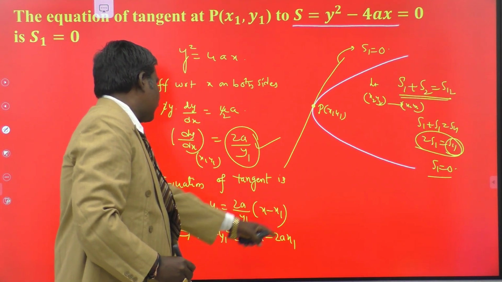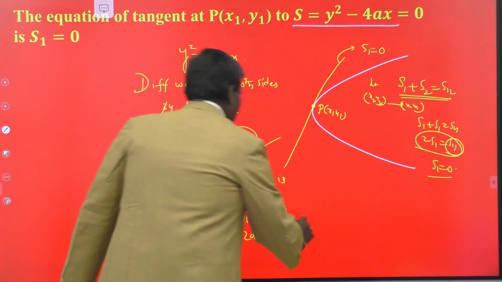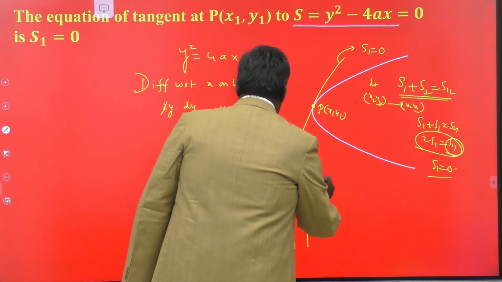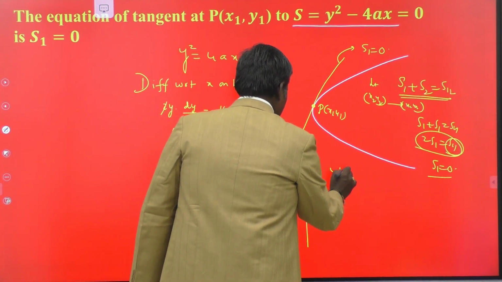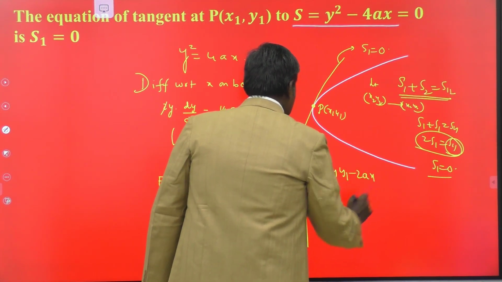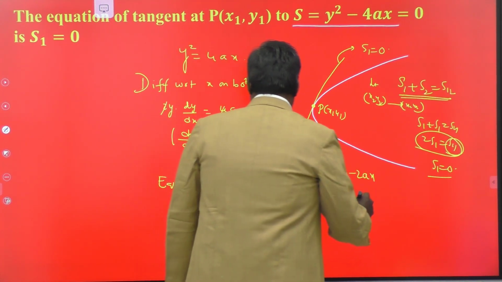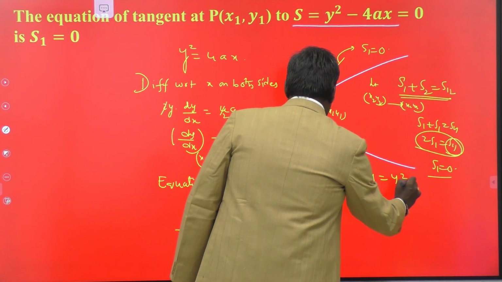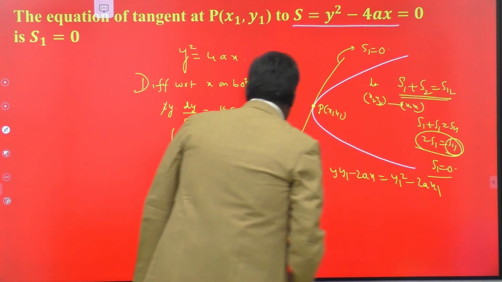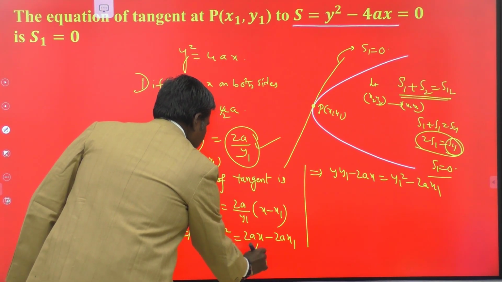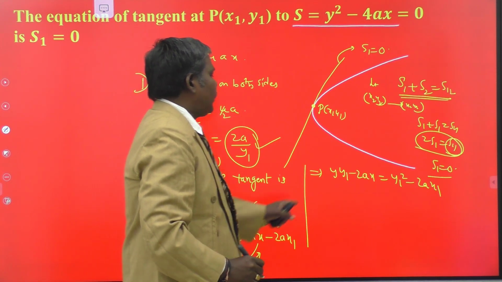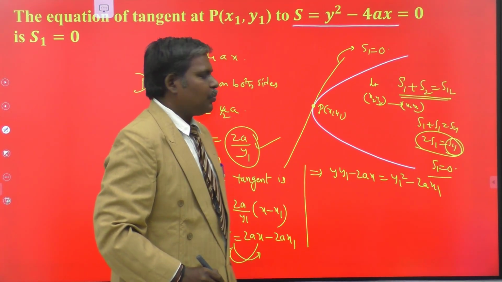So this can be written as y1y - 2ax = y1² - 2ax1. I am interchanging these two terms like this, adding -2ax1 on both sides.